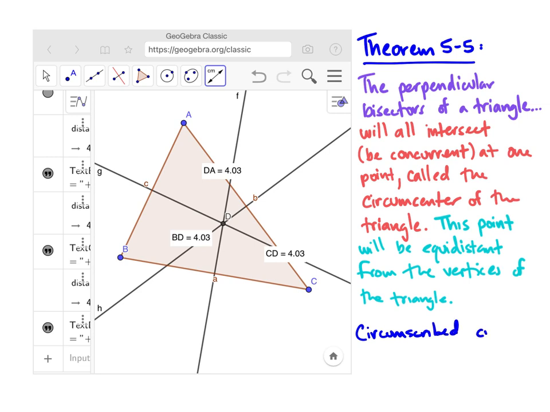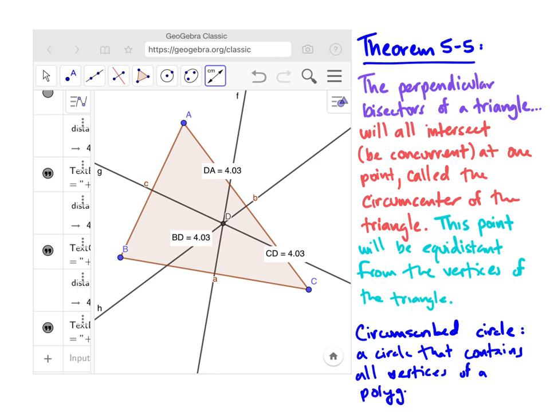A circumscribed circle is a circle that contains all vertices of a shape, or of a polygon, I'll say. A triangle is one example of a polygon. It's a 3-sided polygon. So that center D is going to be the center of a circle that would have A on it, it would have B on it, and it would have C.